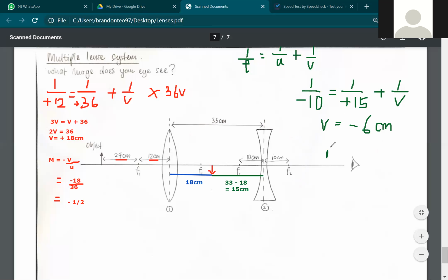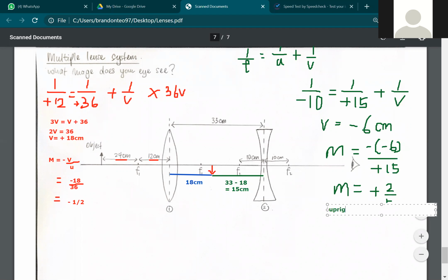Now, magnification again. Magnification equals minus 6 over what? Over the object distance, and it is positive 15. So you will get positive 6 over 15, which is positive 2 over 5. This is your magnification. So you know your final image should be upright, and diminished because it's a fraction, 2/5 of the size.